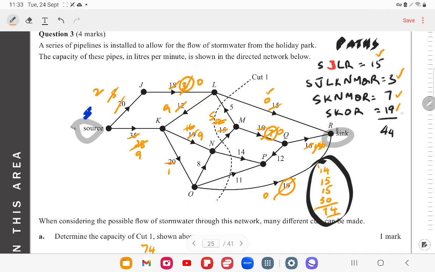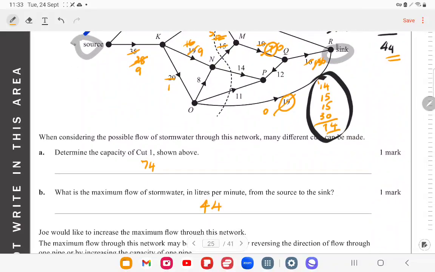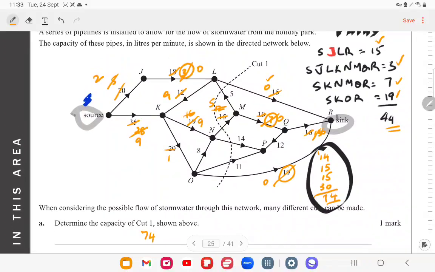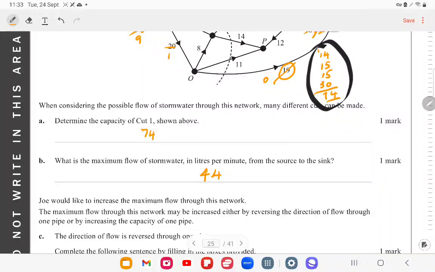So these are all the flows that are possible along this network, and when we add them all, we get 44, which is the maximum flow of stormwater from source to sink. We find this the easiest way, and once you've done that, if they ask you to find the cut, then you can go ahead and find the cut that gives you a value of 44 across this network.